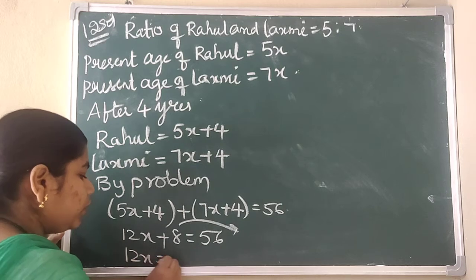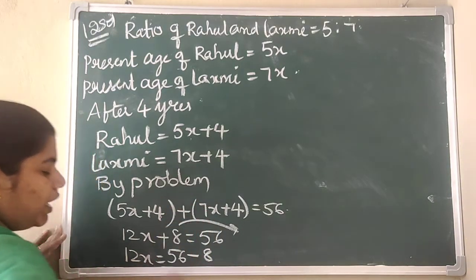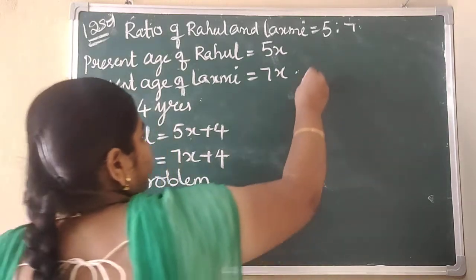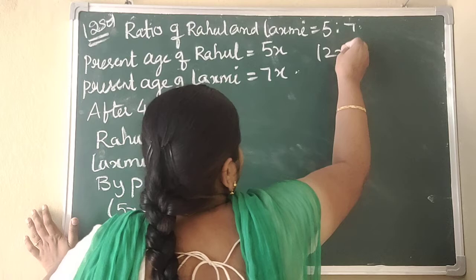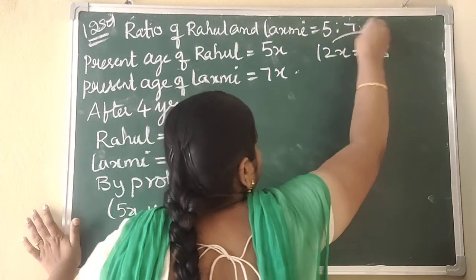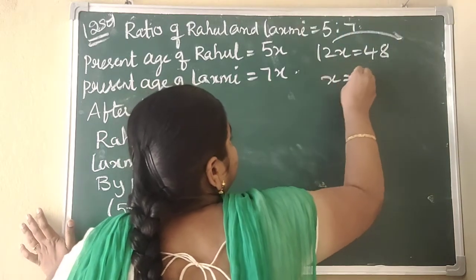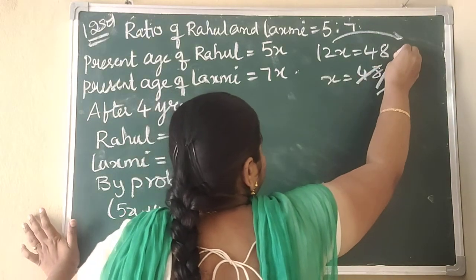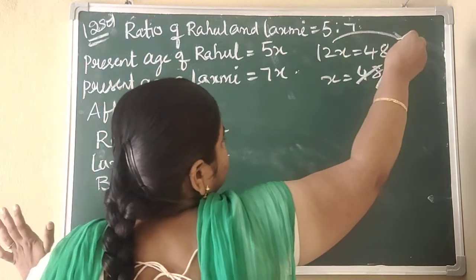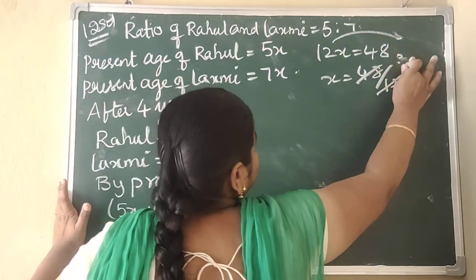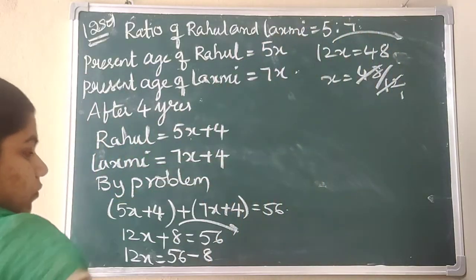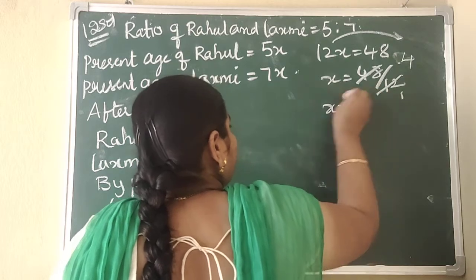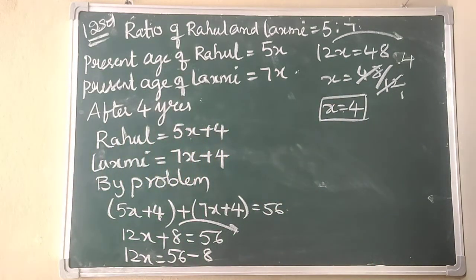So 12x is equal to 56 minus 8. What is 56 minus 8? That is 48. So 12x is equal to 48. Transpose this 12 to the other side, so x is equal to 48 by 12. 12 ones are 12, 12 threes are 36, 12 fours are 48. So the x value is 4.